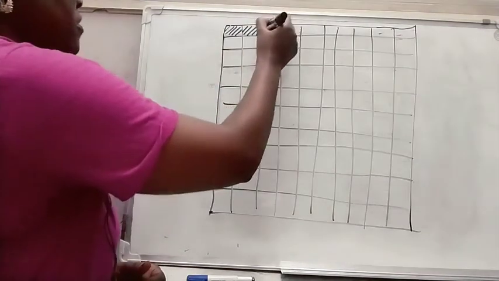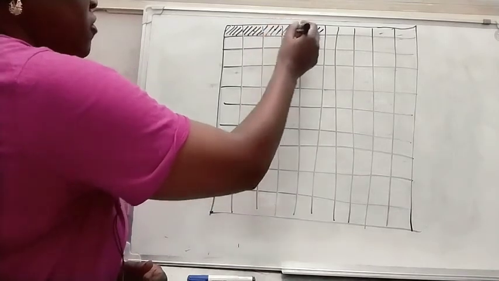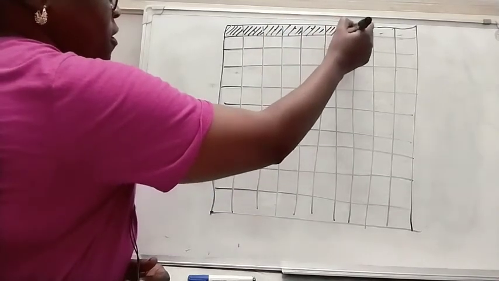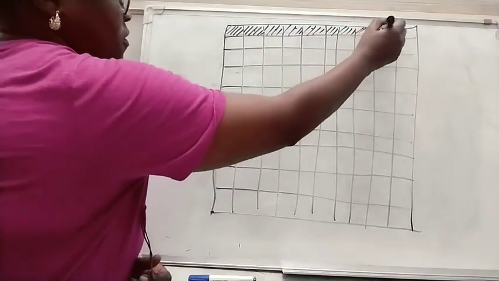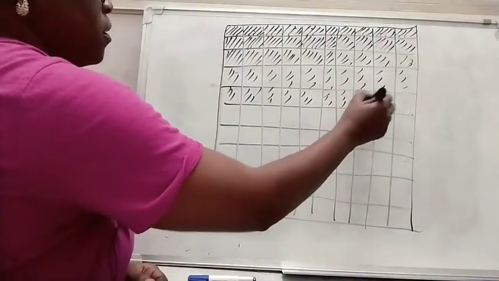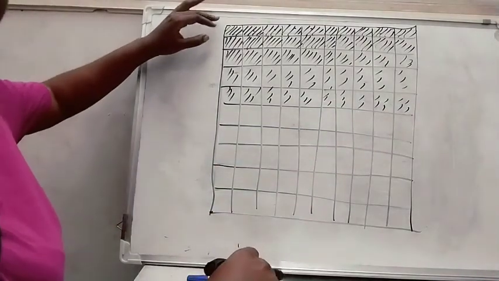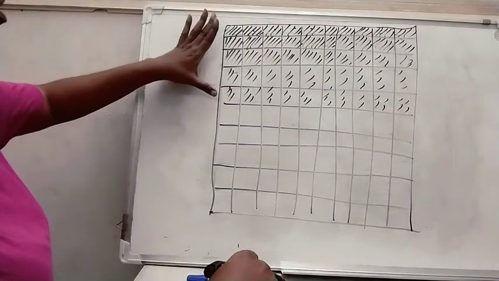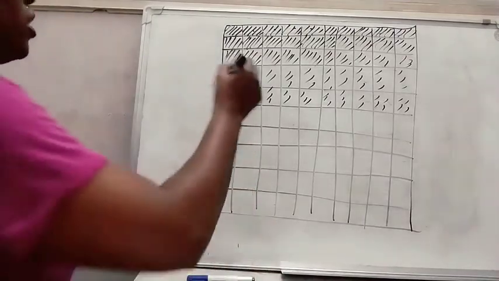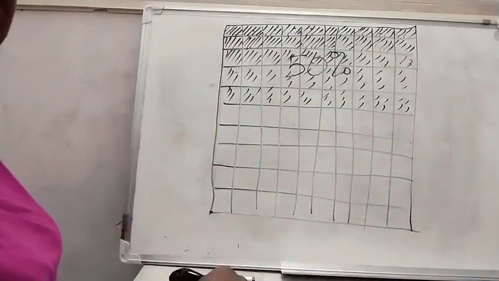Okay, so let's count it. 1, 2, 3, 4, 5, 6, 7, 8, 9, 10. So we have 50 boxes out of 100, which will give us what? 50%.